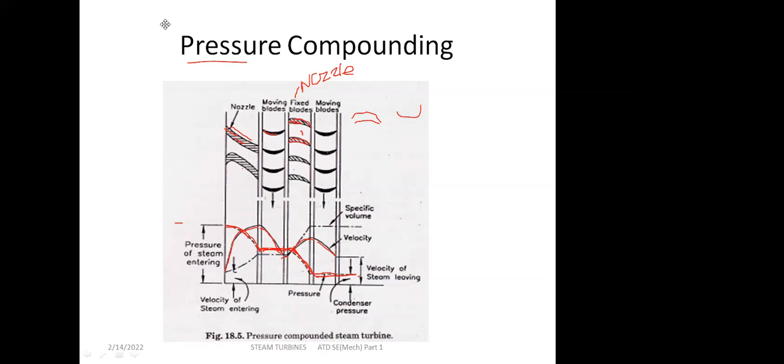You can use two color pens if possible, one for pressure variation and one for velocity variation. Two-color coding will be good.